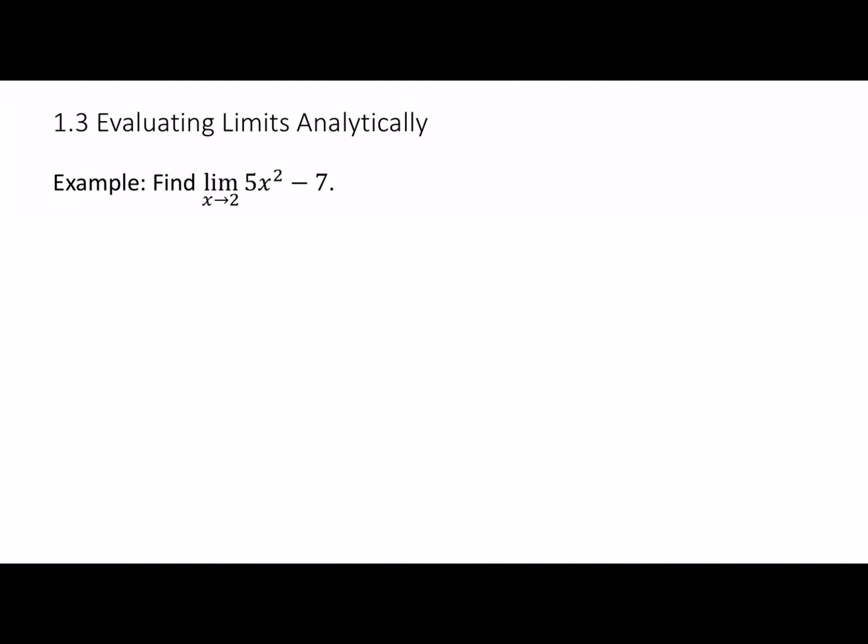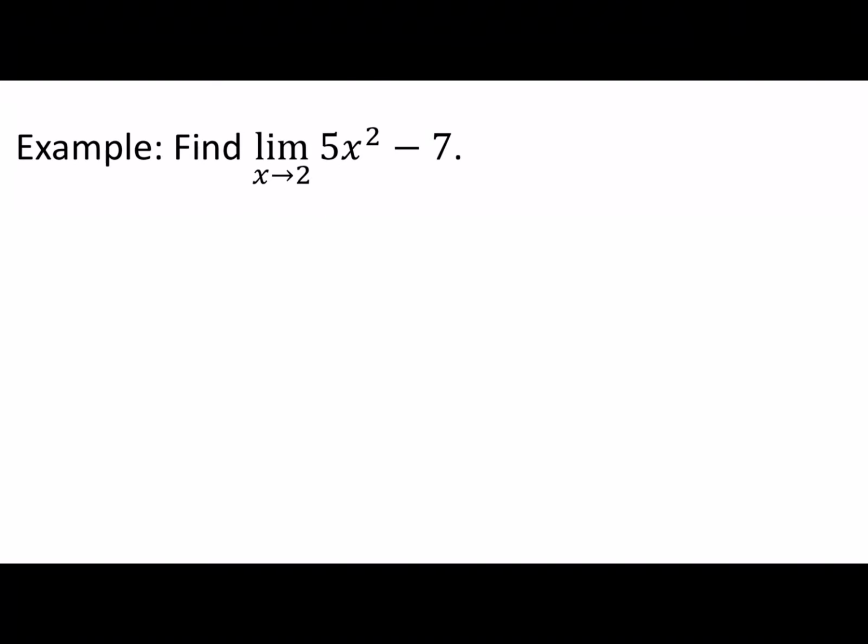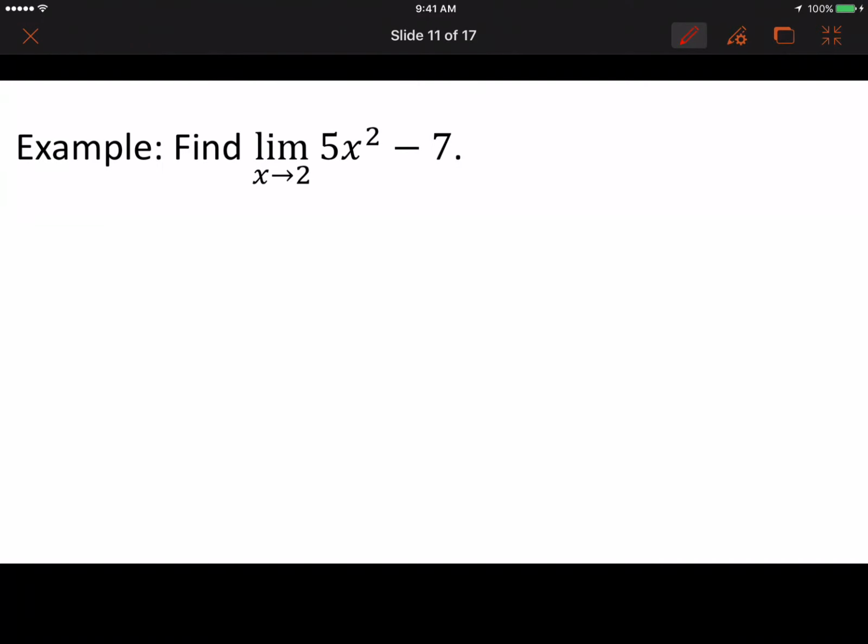Let's start with the limit as x approaches 2 of 5x squared minus 7. Okay, so by the properties of limits, by the second property, I know that this is the same as the limit as x approaches 2 of 5x squared minus the limit as x approaches 2 of 7.